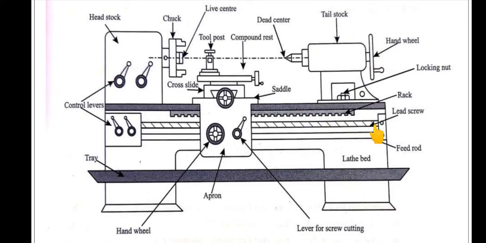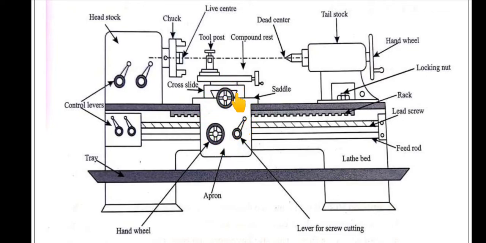The lead screw is used only during thread cutting. If we engage this lead screw, the carriage assembly moves automatically to cut threads on the workpiece. Next, coming to the important part, the carriage assembly.